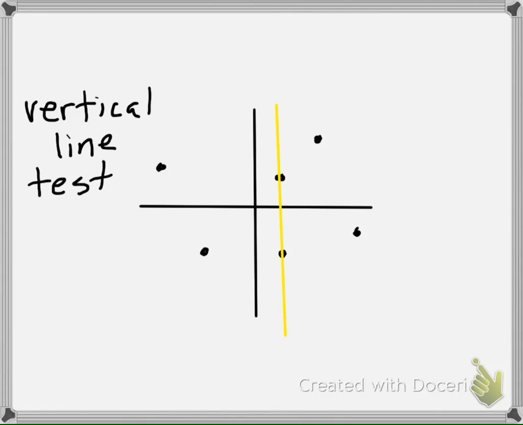Well, any 2 points that are directly above each other have the same x-coordinate, or they wouldn't be in the same spot on the x-axis. And they have to have different y-coordinates, otherwise they'd be the exact same point. So if you have 2 points that are directly above one another, then that means they have the same x and different y's. That means it's not a function.